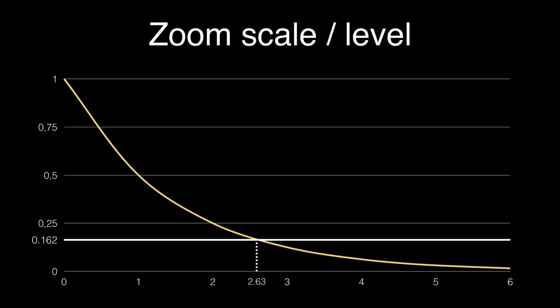We first convert that to a zoom level. In this case, that's 2.63. And then we can see that we have 2 levels of detail. We can go to the most zoomed in version, that is level 0, in 2 steps, because there's 2 more levels of detail at level 1 and at level 0.